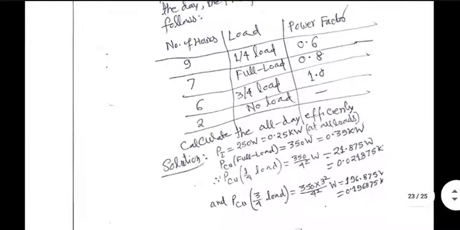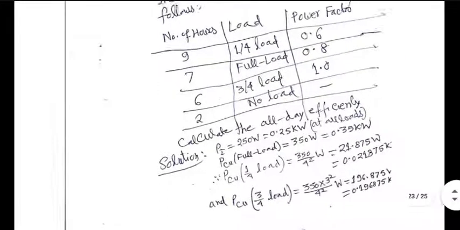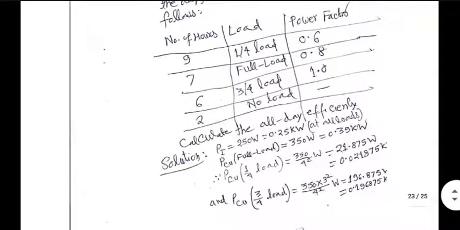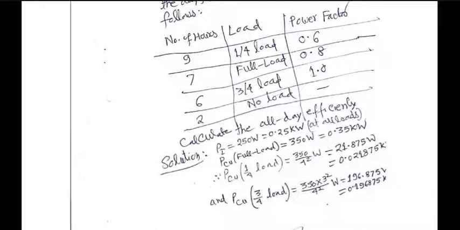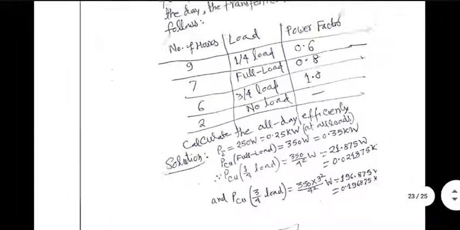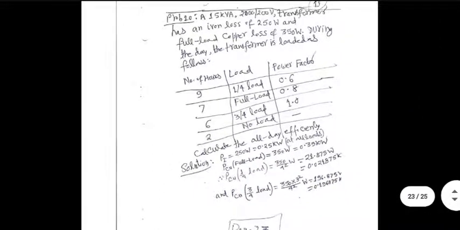At 3/4 load, the total loss will be 250 watt plus 196.875 watt. And at no load, no current is flowing, so copper loss is 0, only iron loss would survive. So at no load, the total loss is simply 250 watt. This is the philosophy you have to be aware of for making all day efficiency calculations.